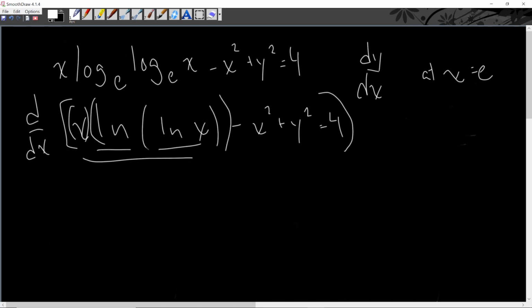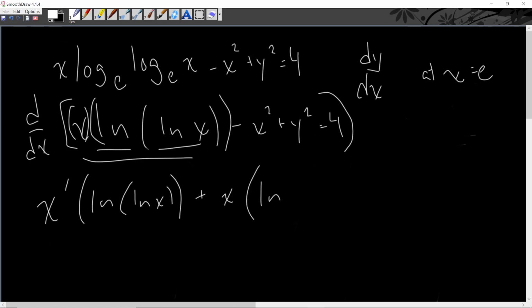So derivative of the first times second plus first times derivative of the second, so this is going to be x prime times ln of ln x plus x times ln of ln x prime.